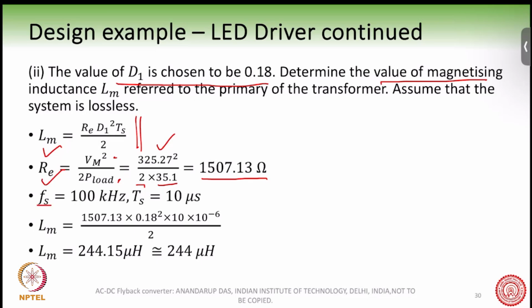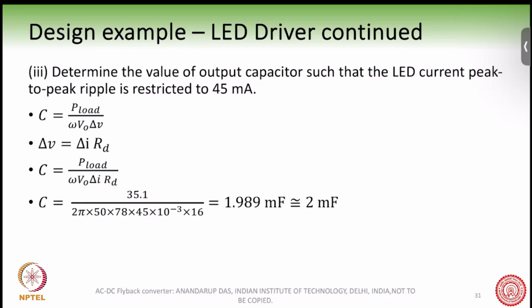We have already chosen Fs to be 100 kilohertz, so Ts is equal to 10 microsecond. So all the values are here, and we can find the value of Lm required, which comes out to be roughly 244 microhenry. So this is what we get for the value of Lm.